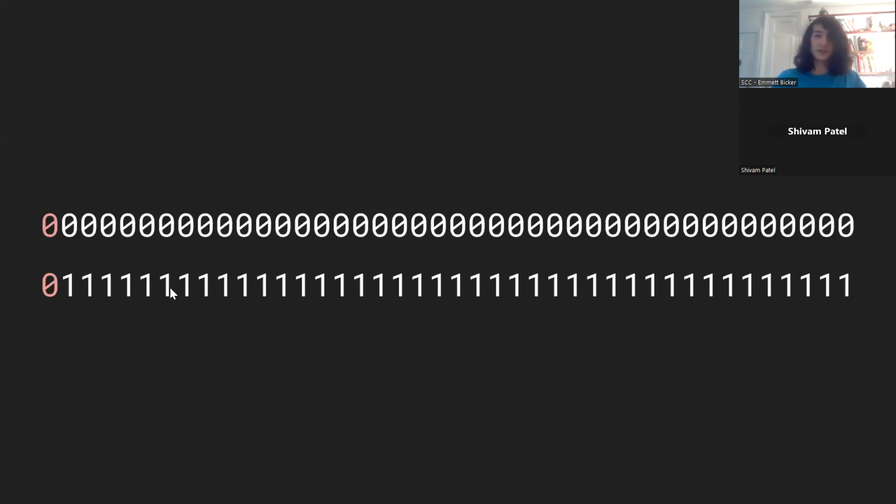Just for a visualization, to make this a bit more clear, this is the value of 0 as an integer in Java, or in most programming languages which use 32 bits. And then this is the maximum value of an integer in those languages. Because your computer will only allow you to store an integer in 32 bits of information, you can't really go past this point on the bottom.